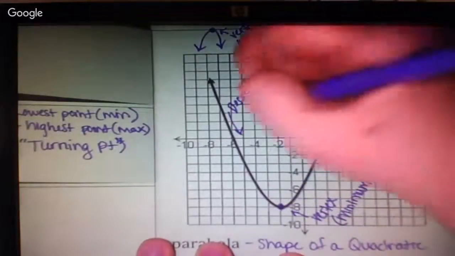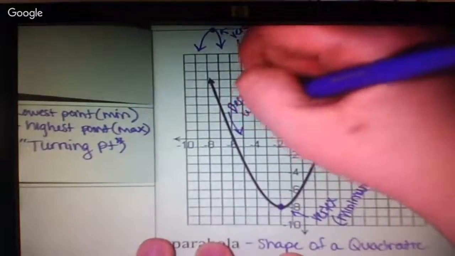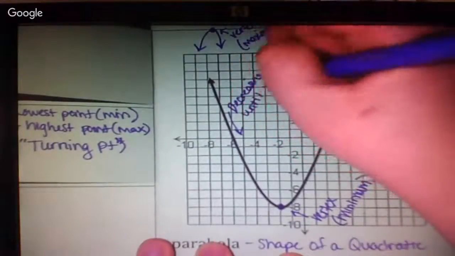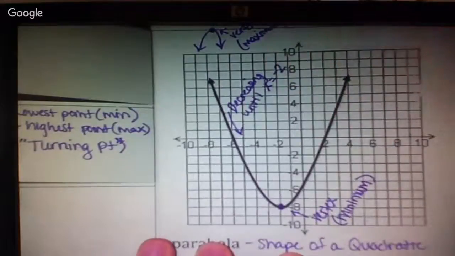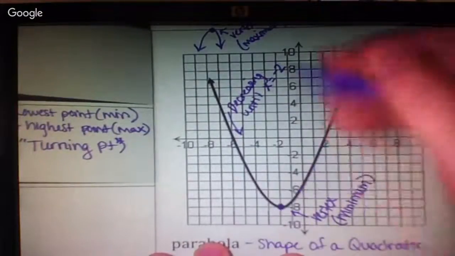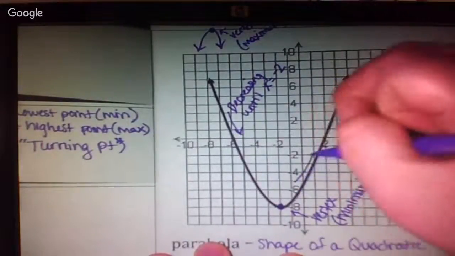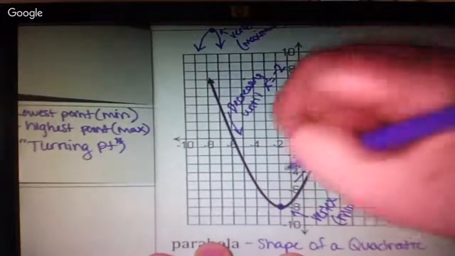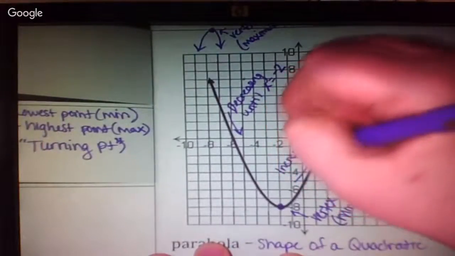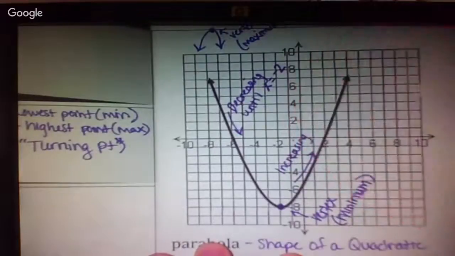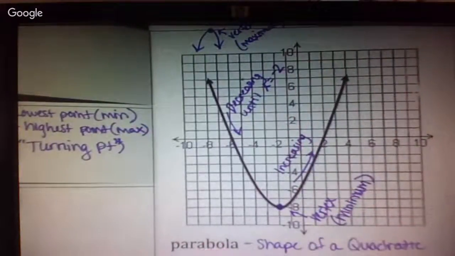So it decreases until x equals -2. At -2, my graph then starts going up. So now it's increasing. So that's why that's called your turning point.